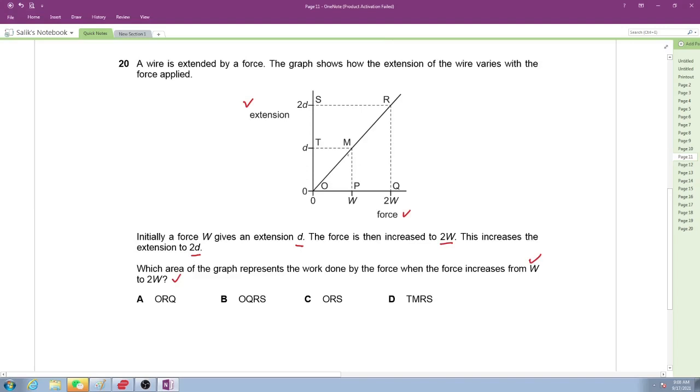If we look at the graph, basically the work or energy is the area under the graph, or half force times extension.